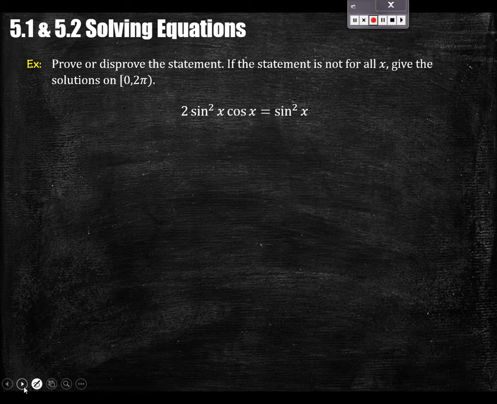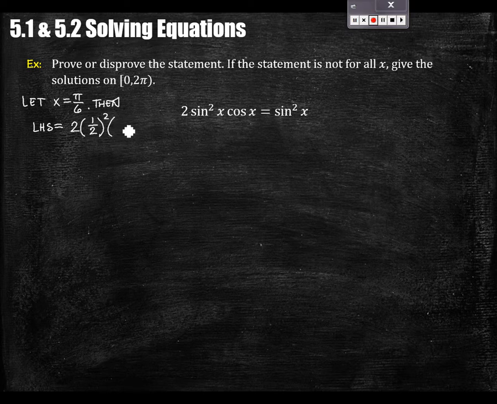So pi over 6. Pi over 6 you want to do? All right, let's try pi over 6. So let x equal pi over 6. Then the left-hand side is equal to, help me out here, sine of pi over 6 is a half, and then we're going to square it.